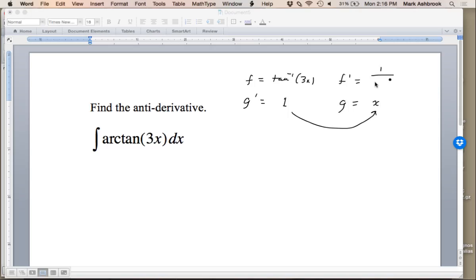Okay, so that makes G equal to x, and F prime is going to be 1 over 1 plus (3x) squared, times 3, by the chain rule, right? So there's our F prime. And so now we can say that the integral A, plus the integral of 3x over 1 plus (3x) squared dx, equals F times G, which is x times tangent inverse 3x.